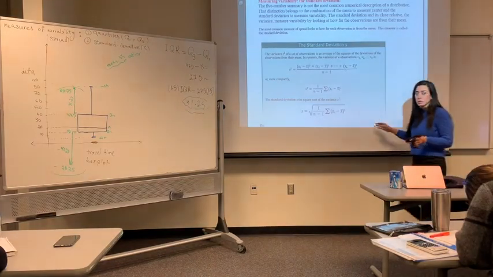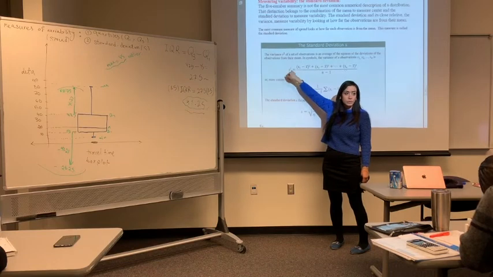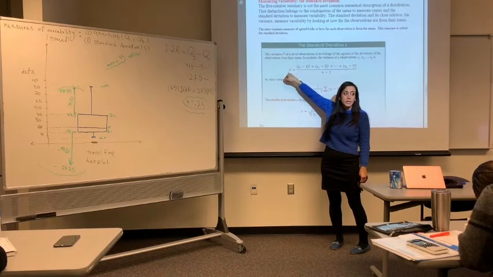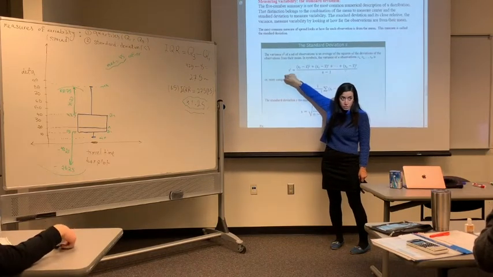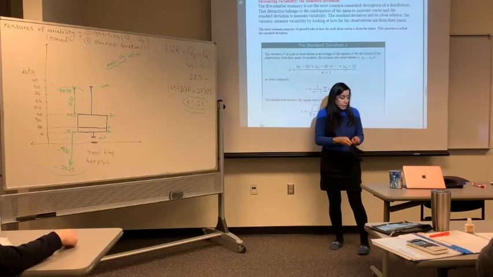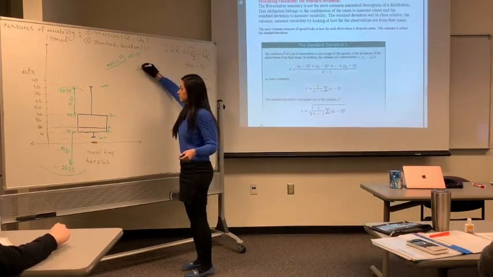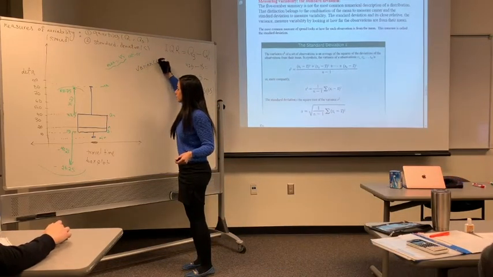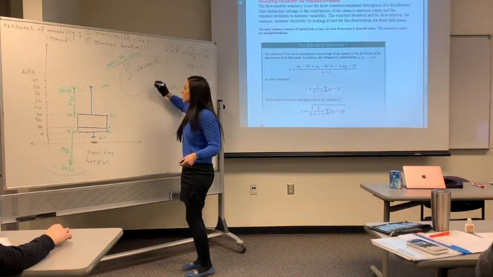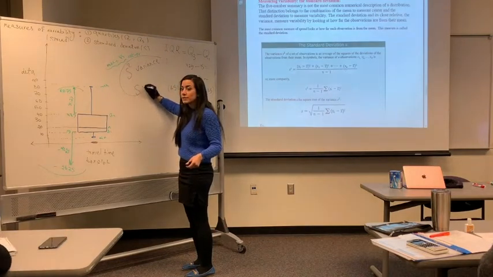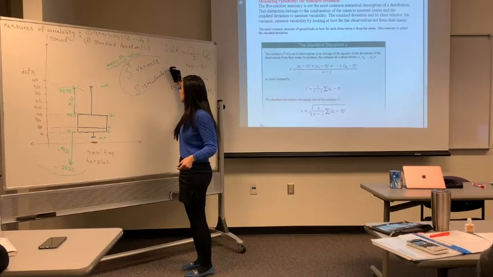In your notes or anywhere you have, write down S squared is variance. This is variance, VAR. So S squared is variance. S alone is standard deviation.